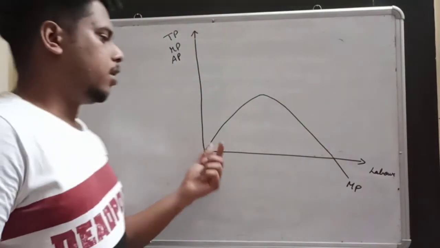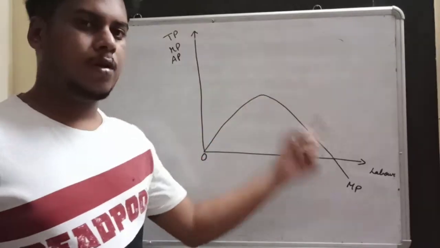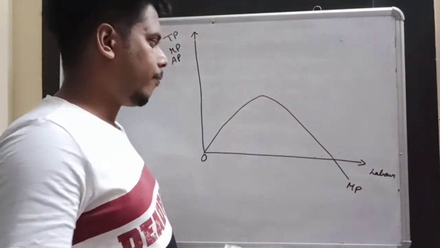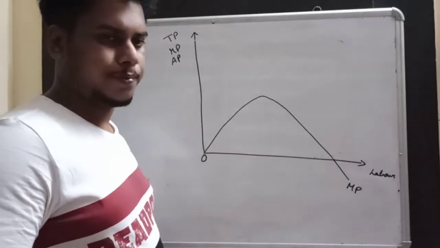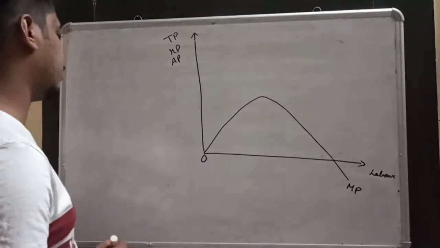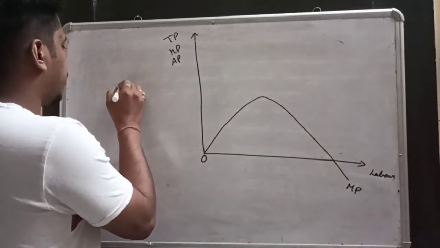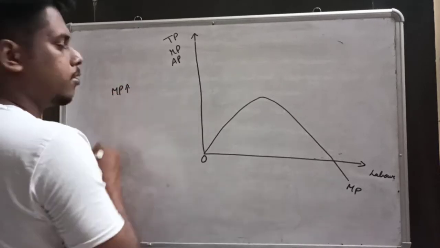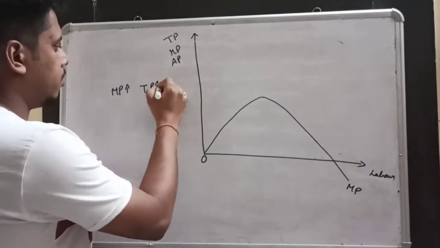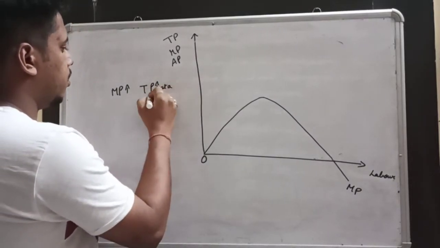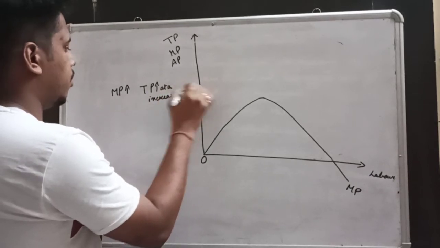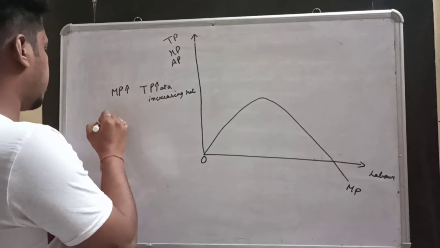Now, depending upon how you have drawn your marginal product, you have to draw your total product by maintaining their relationship. What is the relationship between marginal product and total product? You have to first know that. When marginal product increases, total product increases at an increasing rate.